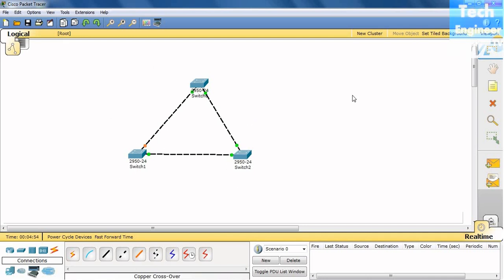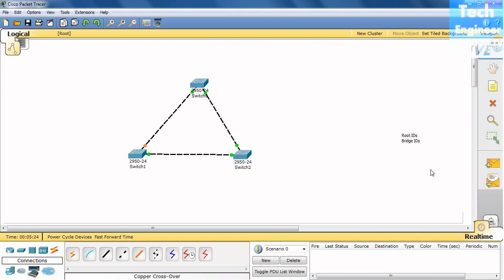In a root, you find that two values are there: one is the root ID, and another is the bridge ID. Bridge IDs are called BIDs, and a BID is the combination of the priority value plus the MAC address.